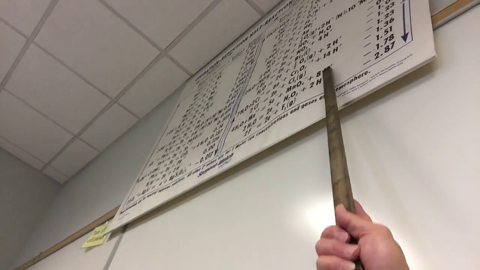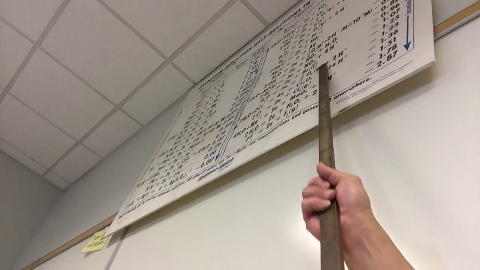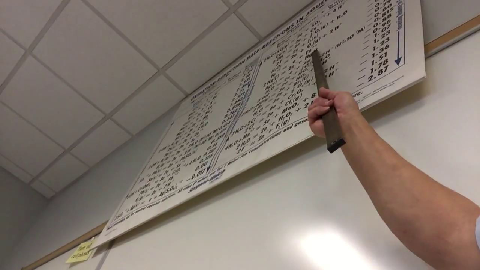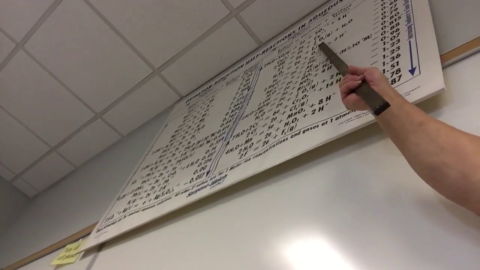But there's another reason, this one doesn't have any H+. This one doesn't have any H+. No H+ here, no H+, no H+, no H+, no H+, no H+. Do you see a pattern with the H+ and the no H+? Can you see it?